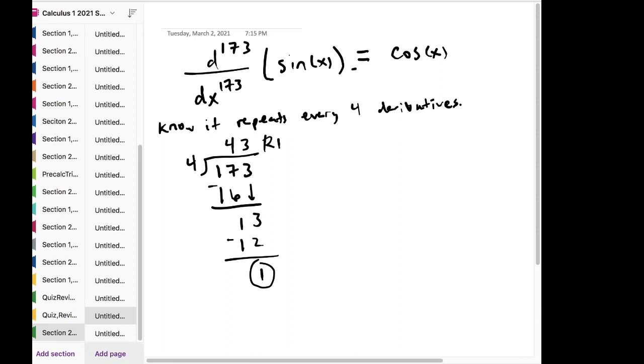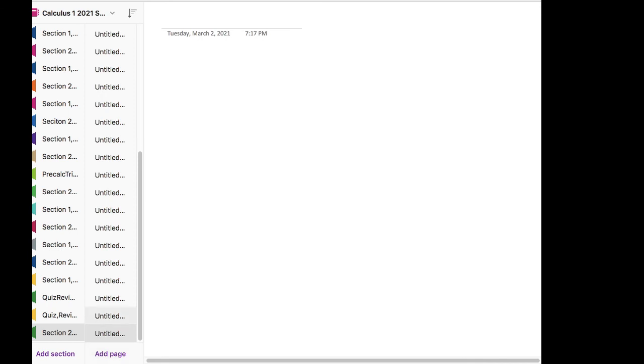Okay, let's do the same for cosine. Let's do a different number. Let's do 214. Do we have to do a whole other thing for cosine? And why or why not?